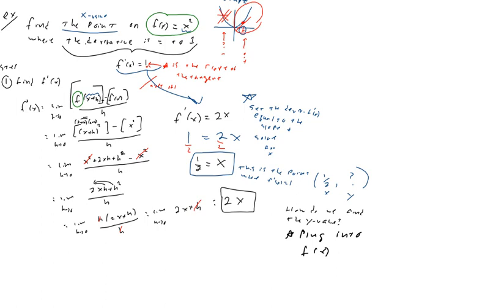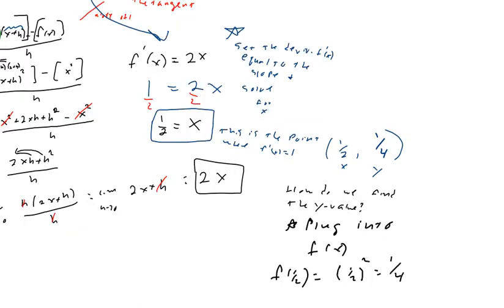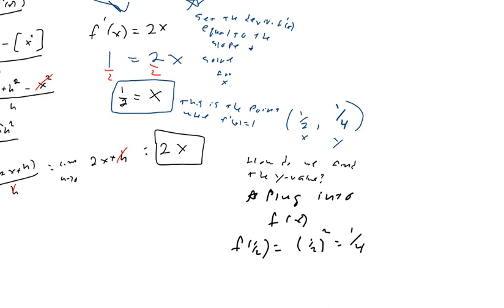All right, so we're going to say f of 1/2 is 1/2 squared, which is 1/4. So my y value is 1/4. So the coordinate point is 1/2 for x and 1/4 for y. Okay.